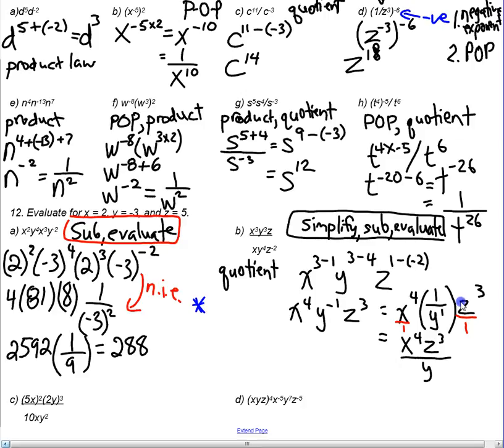So 2 for x goes into the exponent 4, y is -3, and z is 5. So I'm going to put in -3, and I'm going to be just taking that value. So it would be 2 to the exponent 4, which is 16, 5 to the exponent 3 is 125, and divide that by -3.